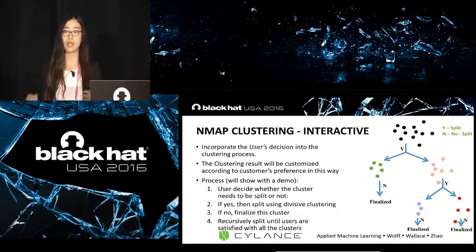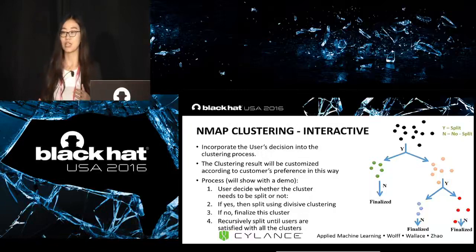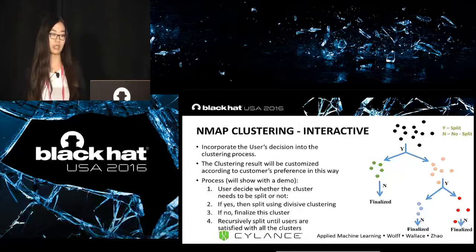Based on this information, the user can decide whether the samples should be in one cluster or not. If not, they click on split. Then the cluster splits into 2. And we recursively do this until the users are satisfied with the clustering assignment of all the samples. So with this said, we will do a demo.